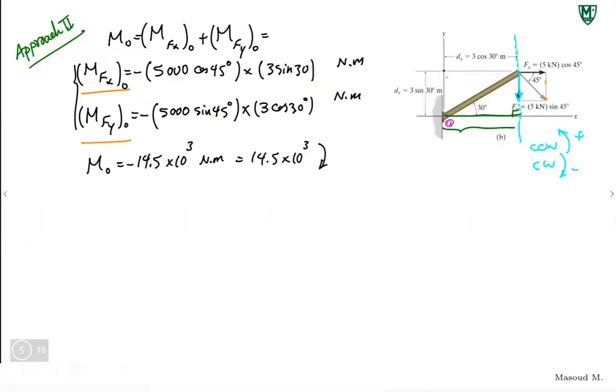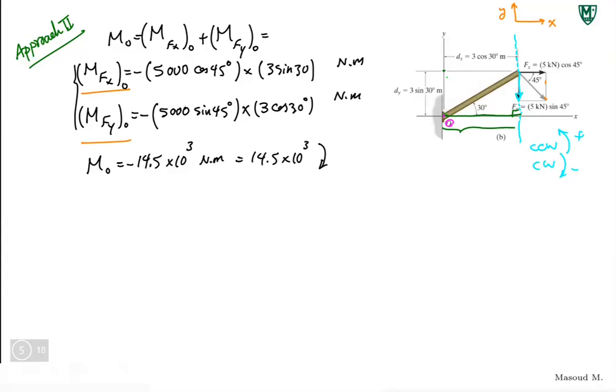All right. So, is there any other way I can solve this? There is actually another approach that still includes principle of moments, but instead of decomposing this into these two vectors, I took this as X direction, and I took this as Y direction, and I found the components in these directions and multiplied the values.